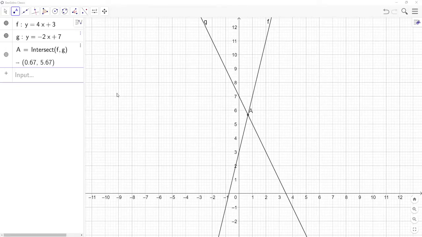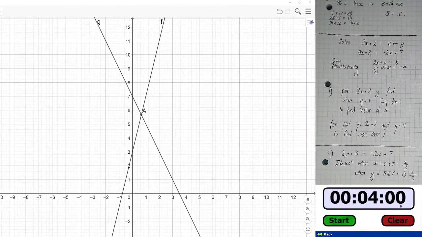So they intersect when x equals 0.67, which is going to have been rounded up from 2/3, and when y is equal to 5.67, or 5 2/3, because again, it will have been rounded up. Let's just scoot that back. There we go.